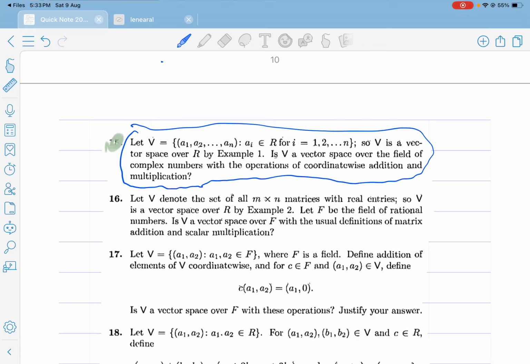In fact, it says it is a vector space over R. I showed you the example R2, or R3 over R. So this is just Rn. Is it a vector space over the field of complex numbers with the operation of componentwise addition and multiplication? The answer will be no.